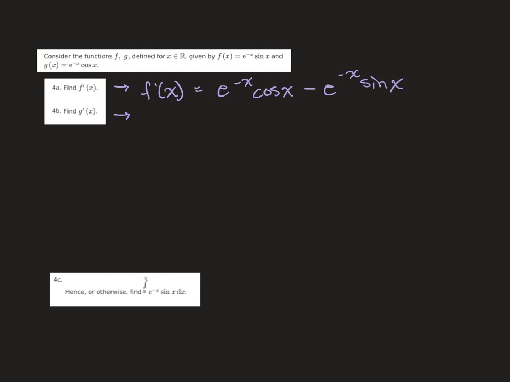And g of x ends up being e to the negative x, g prime of x is e to the negative x times negative sine of x, minus e to the negative x cosine of x.